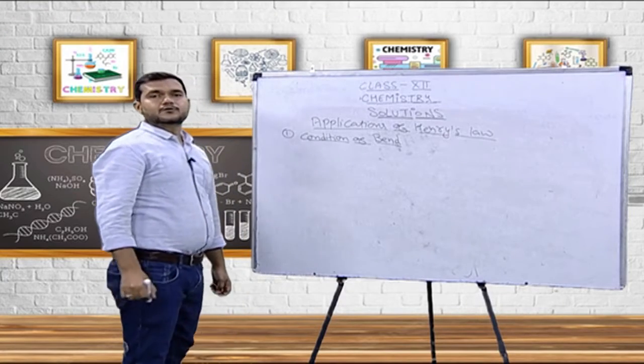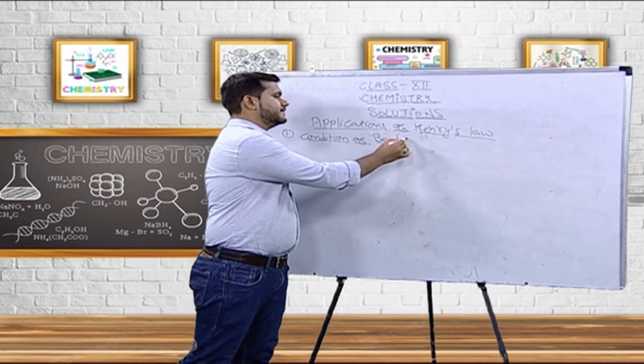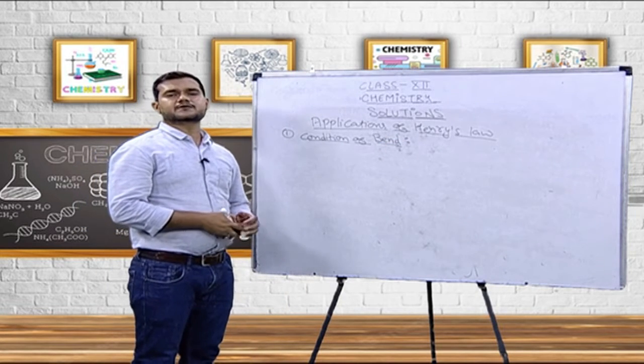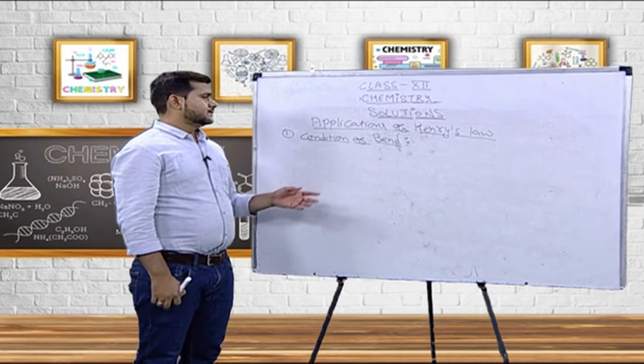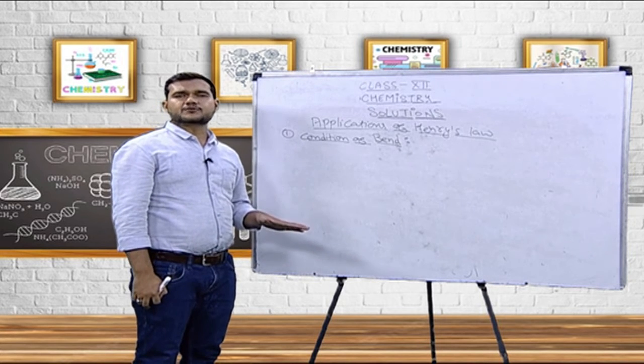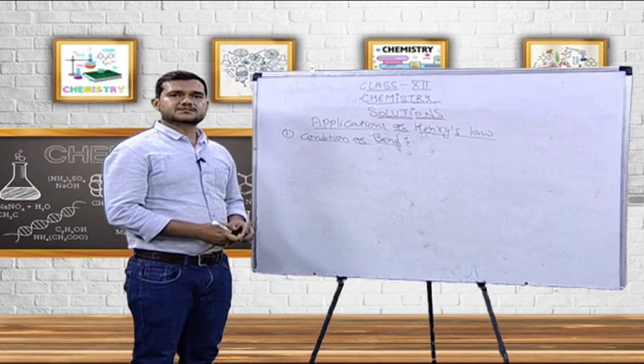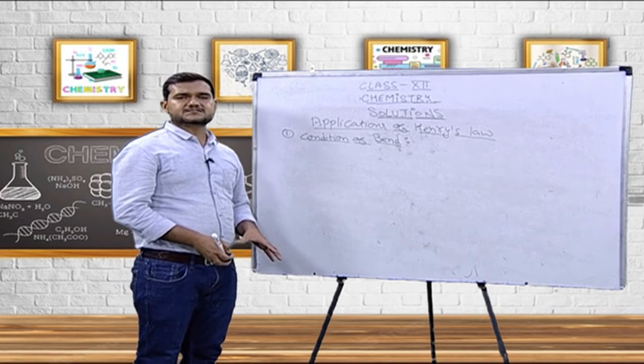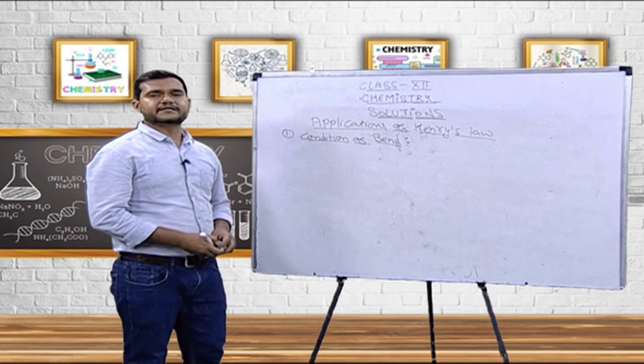You all know what scuba divers are. When scuba divers go into the river or ocean under the water, there is excess pressure of water on their body. Due to this excess pressure, more gas dissolves in their blood.